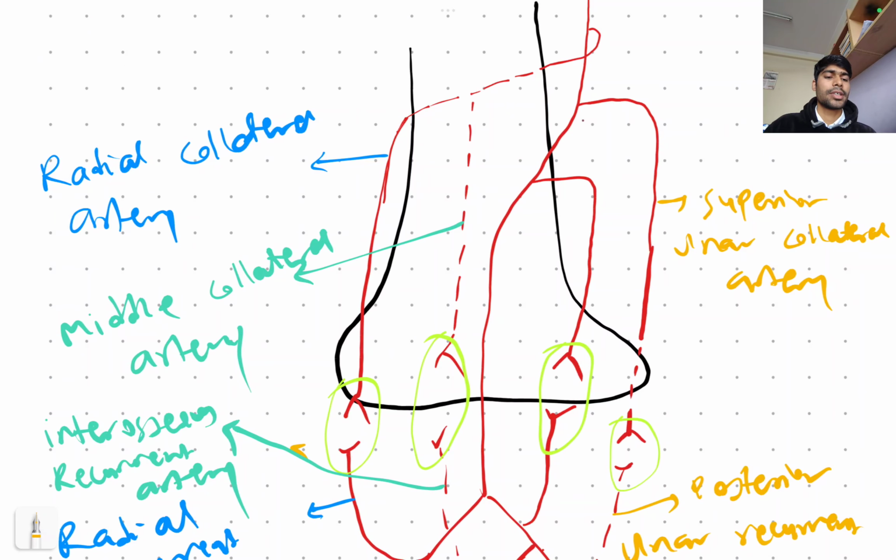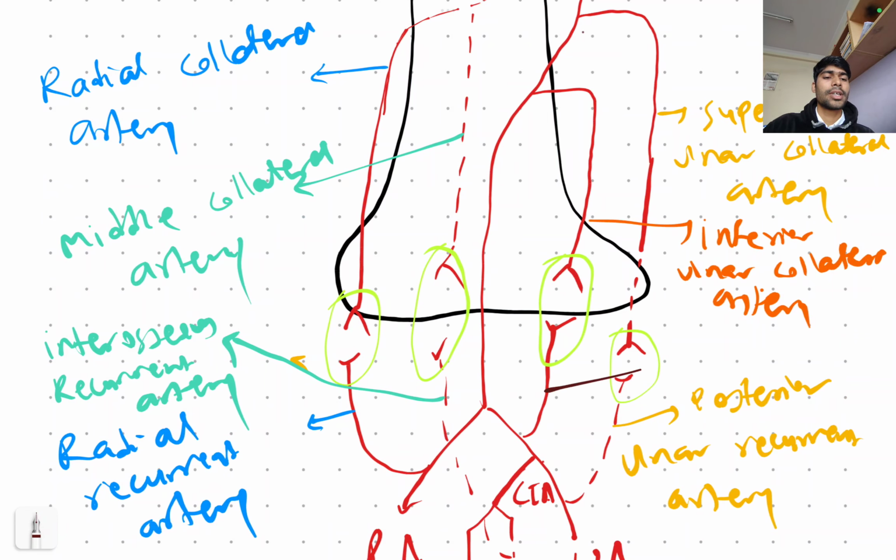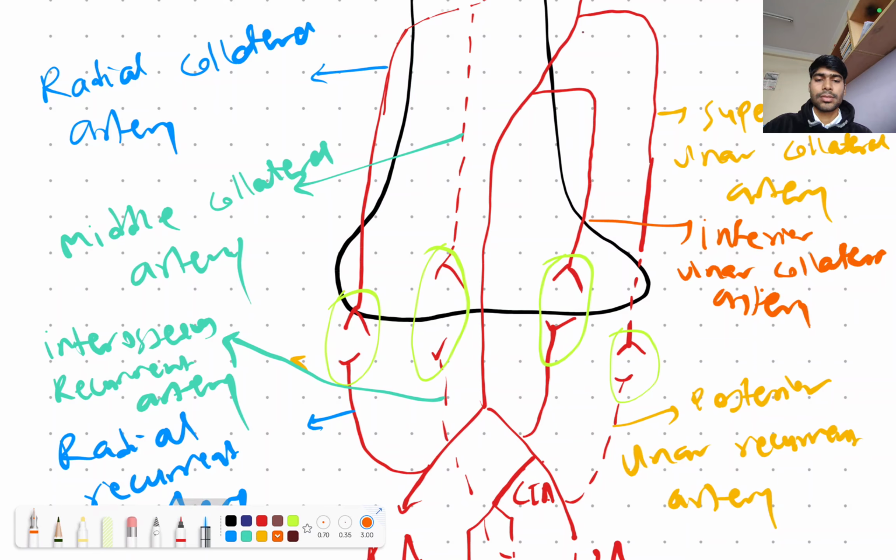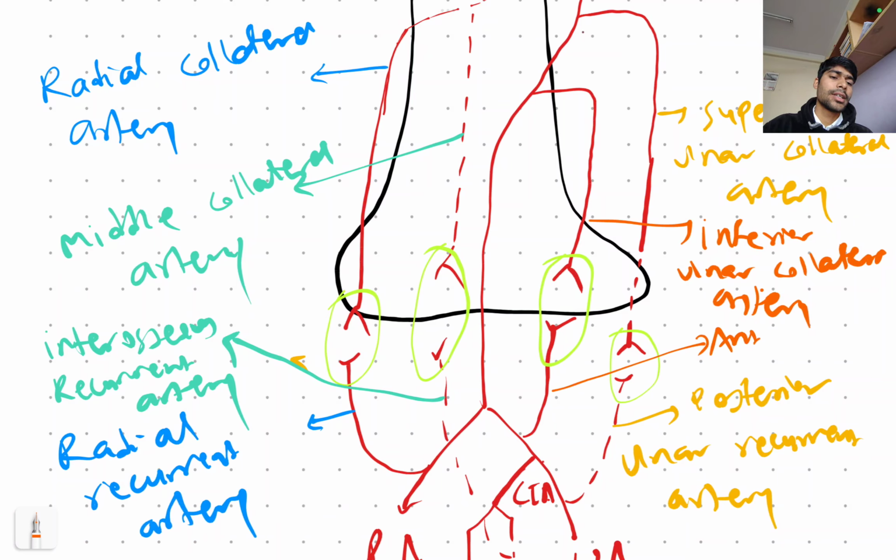And then the inferior ulnar collateral artery forms an anastomosis with the anterior ulnar recurrent artery.